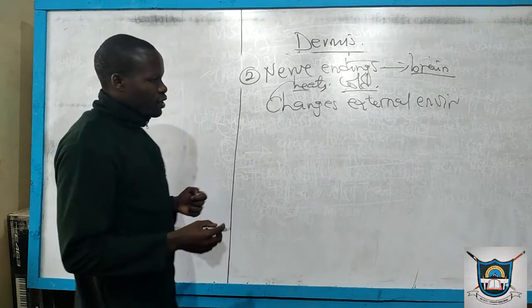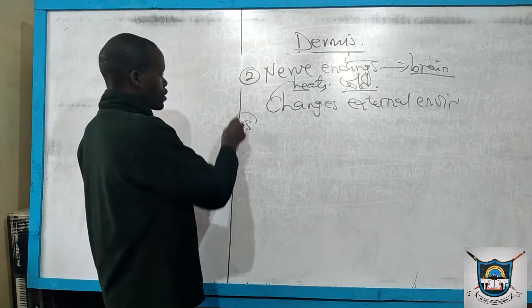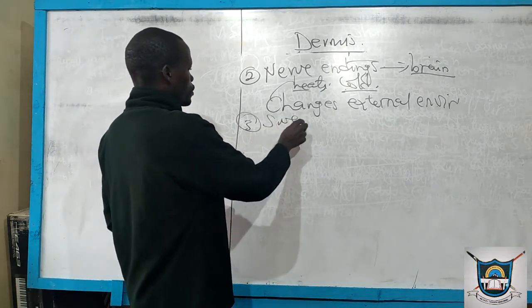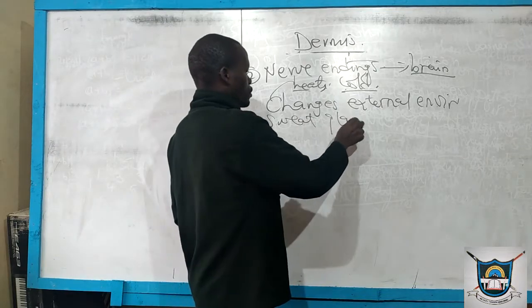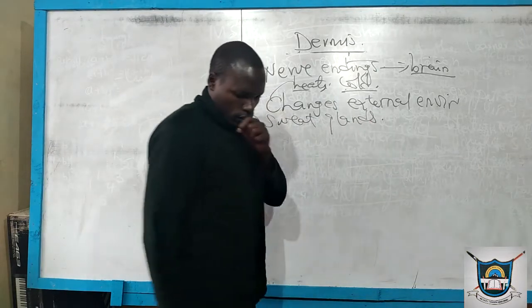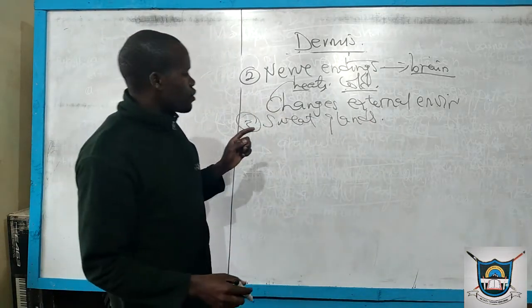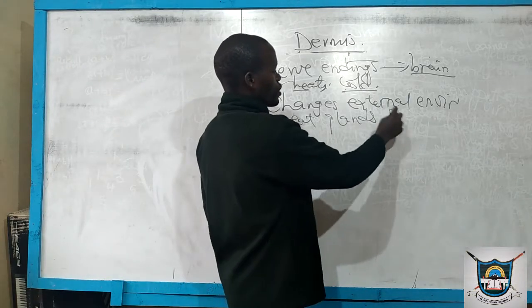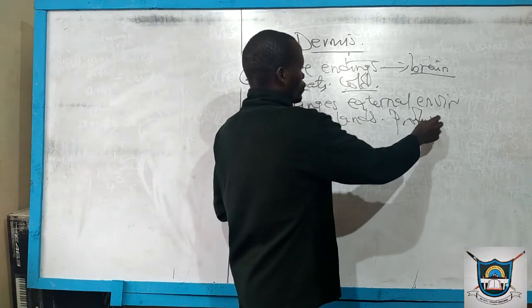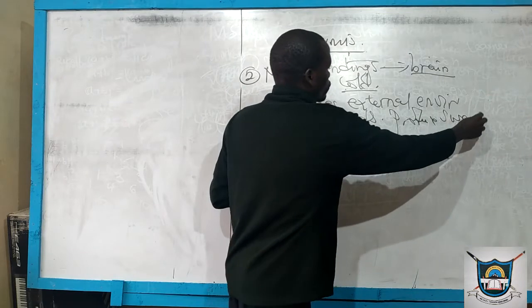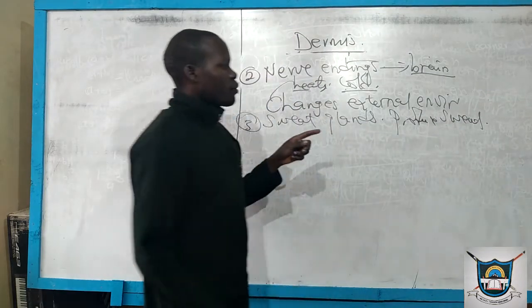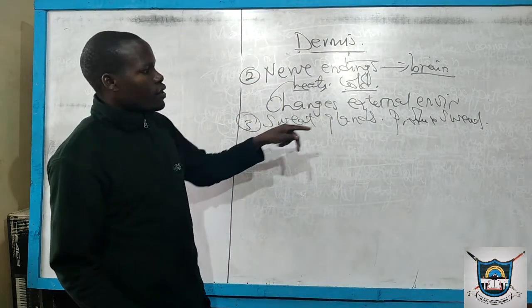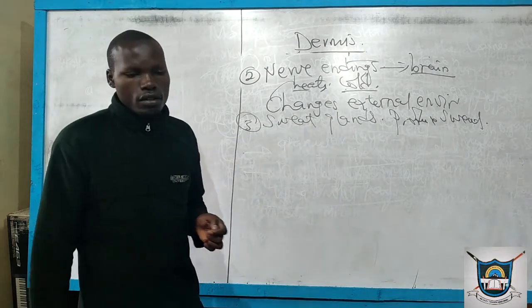We have also the other part, which is the sweat gland. The sweat glands' common job is to produce sweat. The sweat glands help in the production of sweat. Now this sweat helps in the regulation of the body temperature.